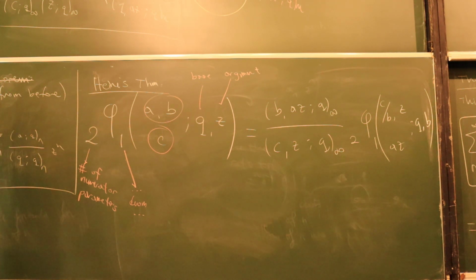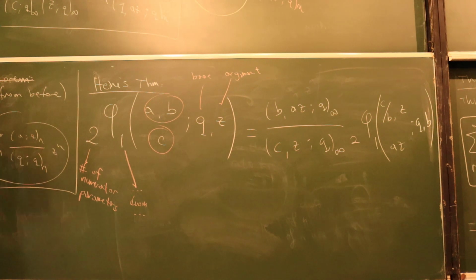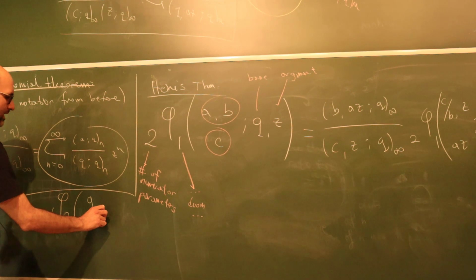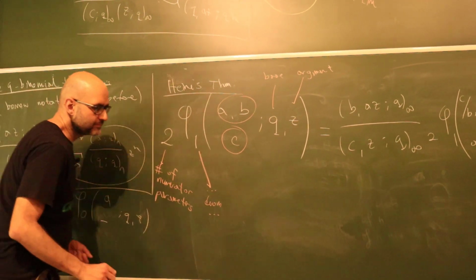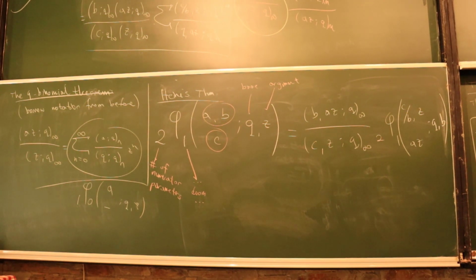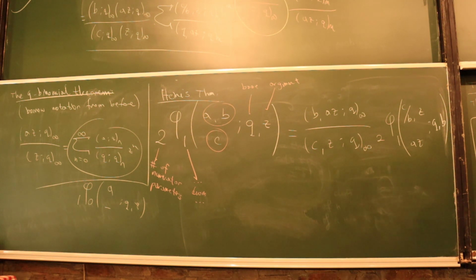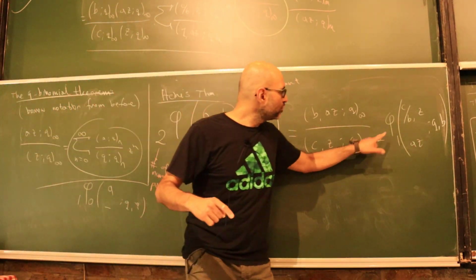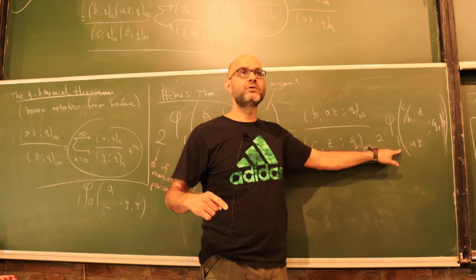Using the same notation, the Q binomial theorem may be written as follows. This becomes 1 phi 0, A, nothing in the denominator, Q and Z. What does phi stand for? This notation is a phi number. In Heine's theorem, two upstairs, the notation is 2 phi 1.